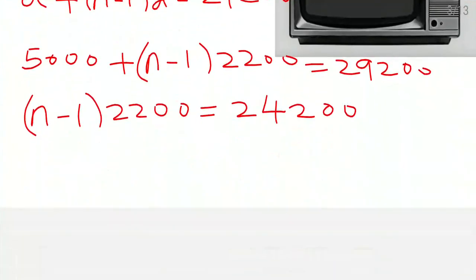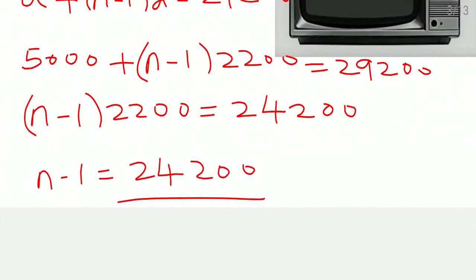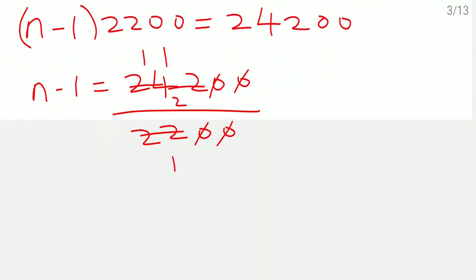Now this 2,200 I will send that side to divide. So n minus 1 is equal to 24,200 divided by 2,200. Cancel the zeros. 22 elevens are 242. So we got n minus 1 equal to 11, n equal to 12, because minus 1 will go that side. So in the 12th year, the production will become 29,200.